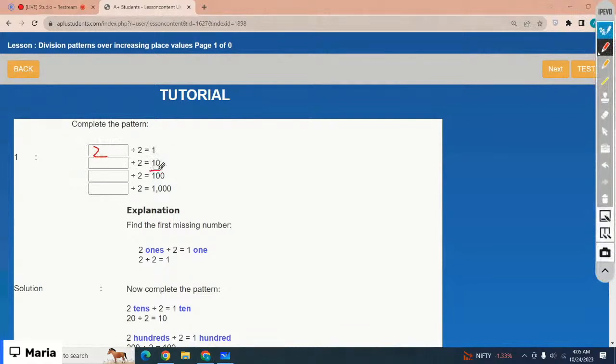Here you have 10, that means the dividend also has a 0, and you have 20 divided by 2 is 10. Here you have 100, that means here you have 200. And then 2000, right?